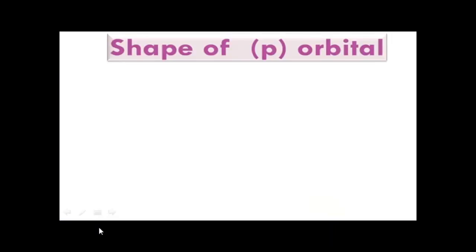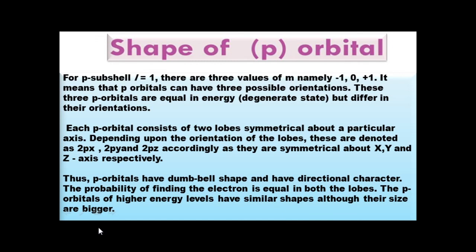The next one is the shape of the p orbital. The p subshell has L equal to 1. What is the m value? L equal to 1 means there are 3 m values: minus 1, 0, plus 1. It means the p orbital can have 3 possible orientations.